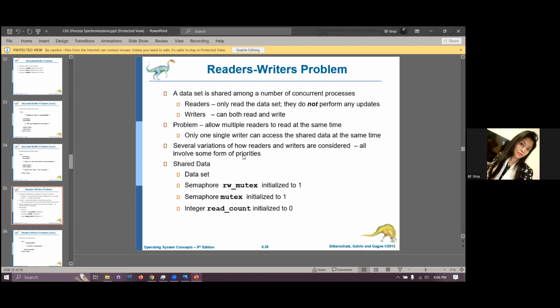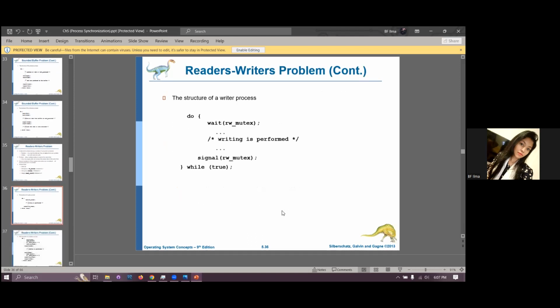So here we are using a different set of semaphores. The first one is the read write mutex, and the second one is mutex. The third one is read count, which is just an integer. Both of the semaphores are initialized to 1, which means that they are not locked initially, and the read count is 0. So let's look at the structure of a writer process. Initially it waits on read write mutex.